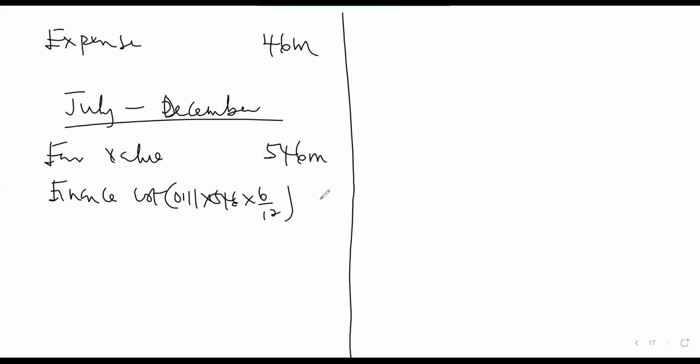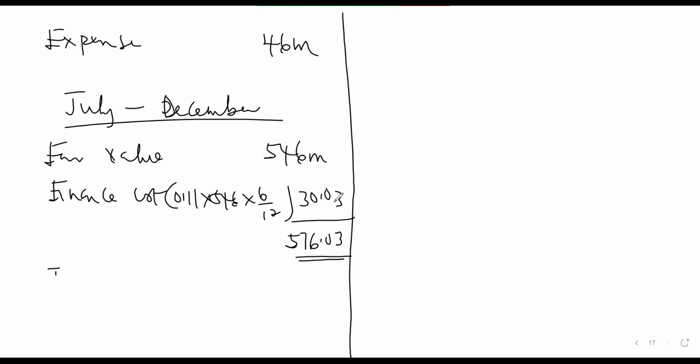30.03. So the total value of the loan, 546, will be 576.03. There is no payment of interest yet.